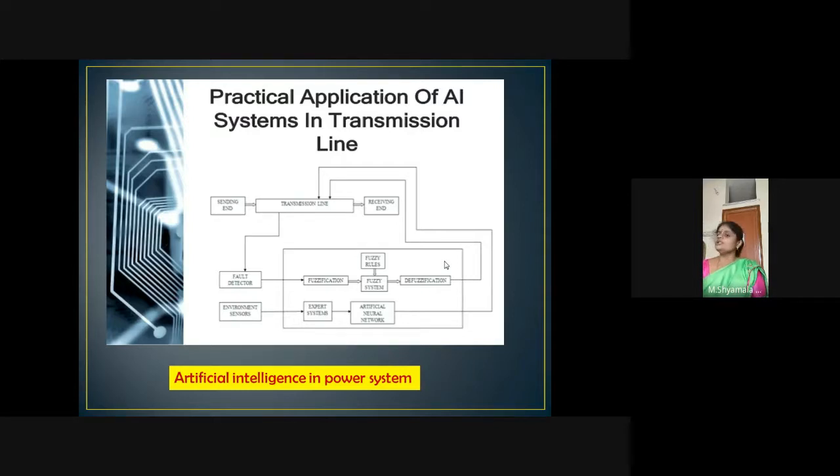Based on the fault, this fuzzy system takes a decision with the help of fuzzy rules. That information is given to the transmission line. Thereby, we are able to get an uninterrupted, good quality power supply from our transmission line.